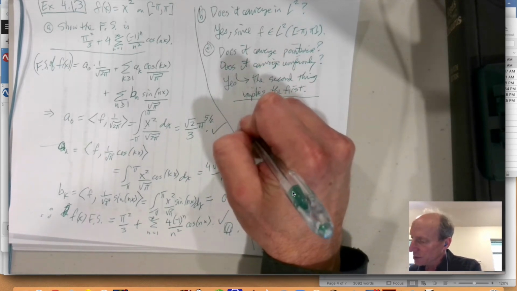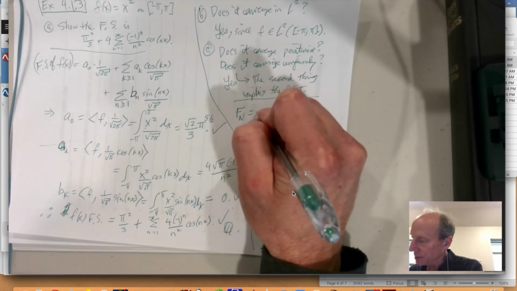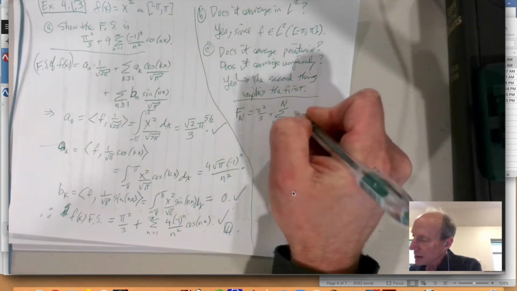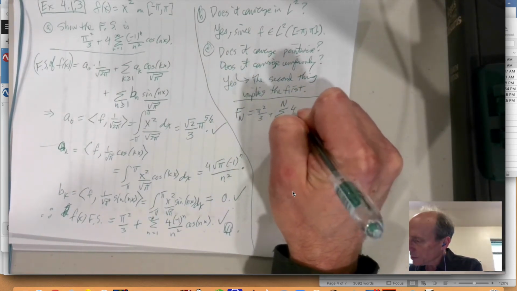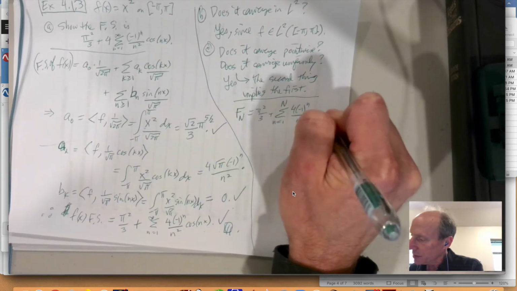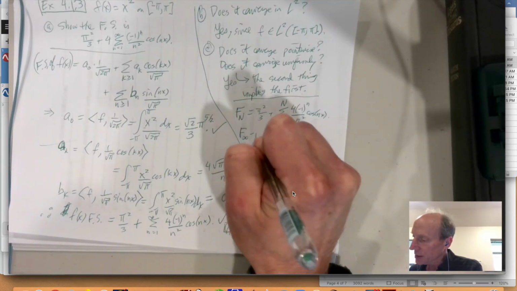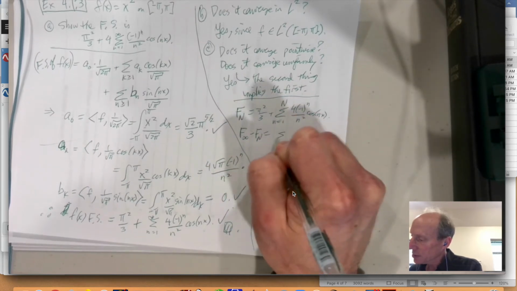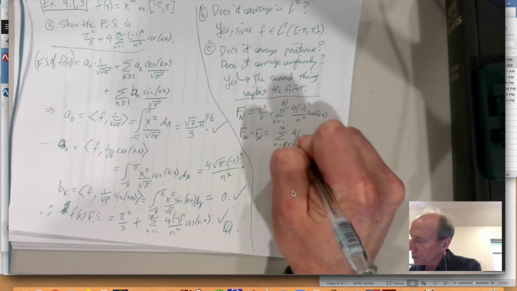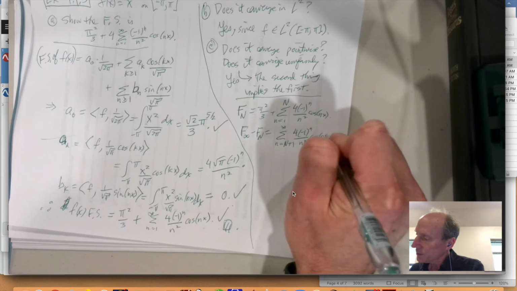So let's call f_n the sum, which is pi squared over 3 plus the sum from n equals 1 to N of 4 times negative 1 to the n over n squared cosine of nx. And then f infinity minus f_N would be the sum from n equals capital N plus 1 to infinity of 4 times negative 1 to the n over n squared cosine of nx.